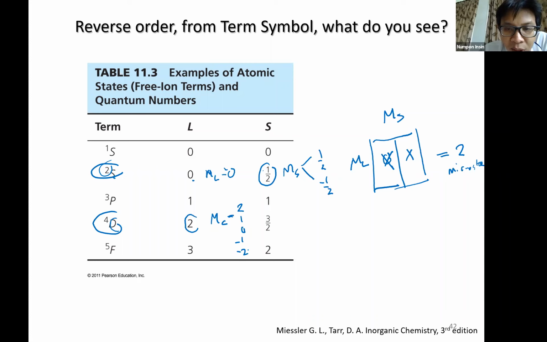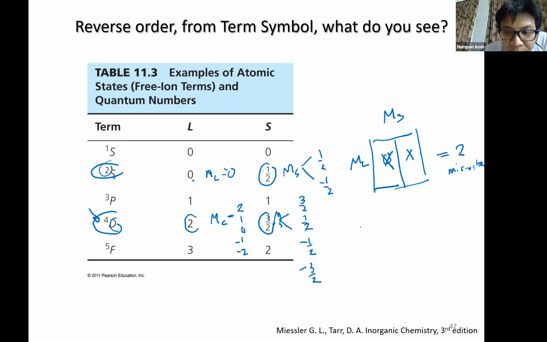ML takes these values, and MS takes these values for the quartet. So it means that S value is 3 over 2. So the MS values that result in S of 3 over 2 are 3 over 2, 1 over 2, minus 1 over 2, minus 3 over 2.